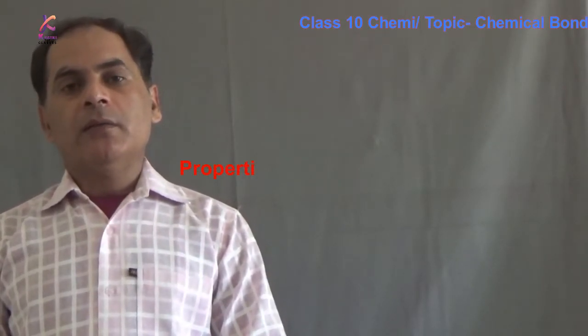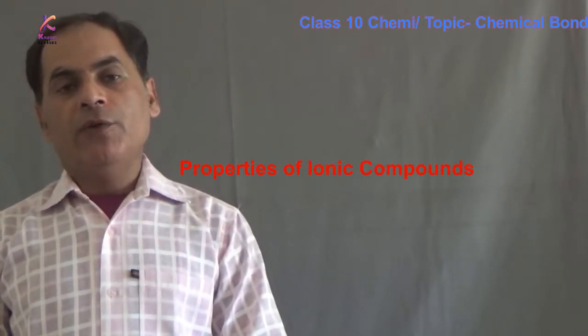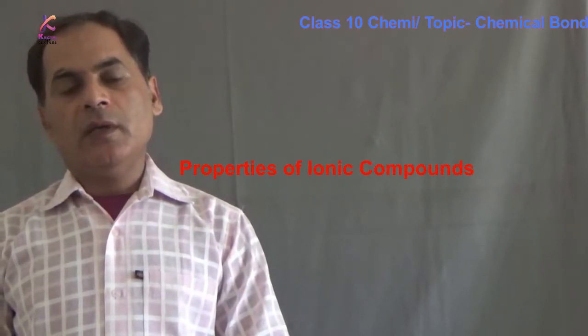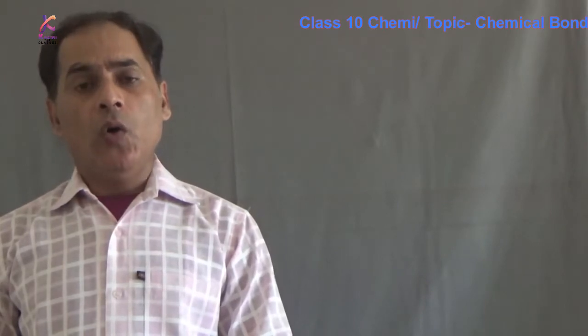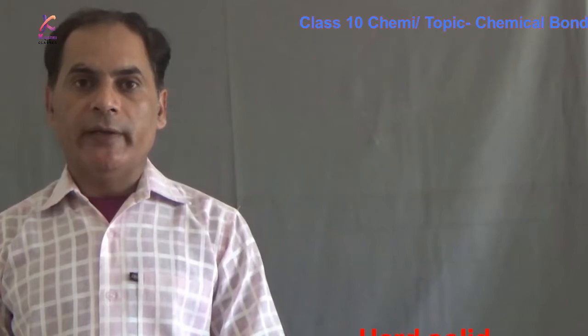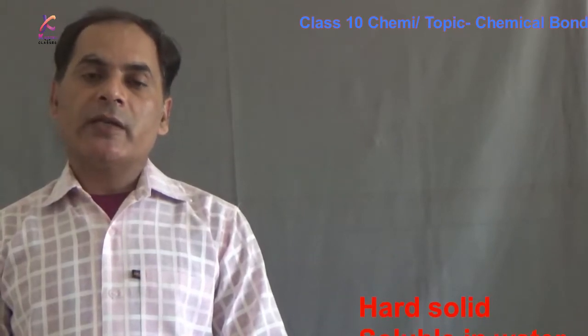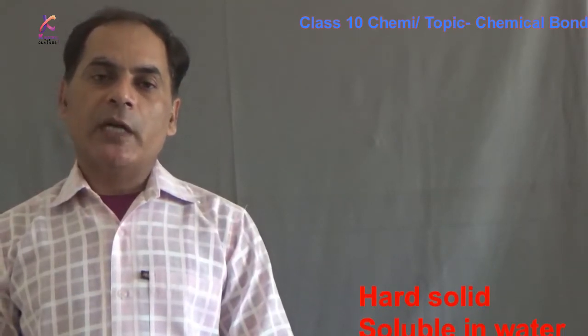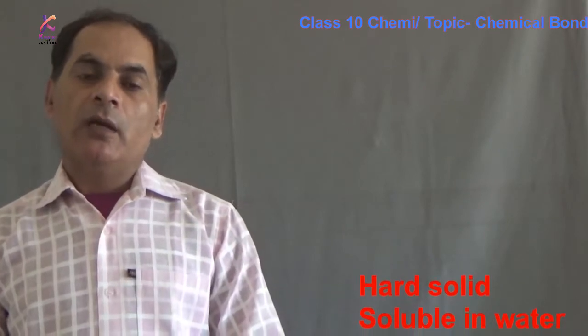Now we will see the properties of compounds having ionic bonds. The properties they attain after this kind of bond formation, first is their physical state. All ionic compounds are hard solids, because of the strong electrostatic force present between the ions.